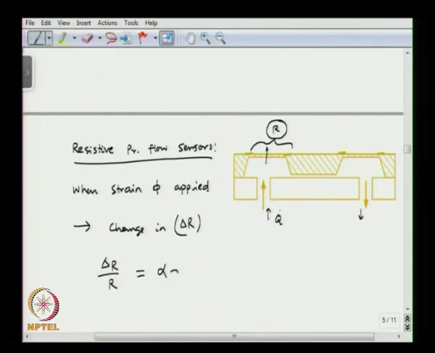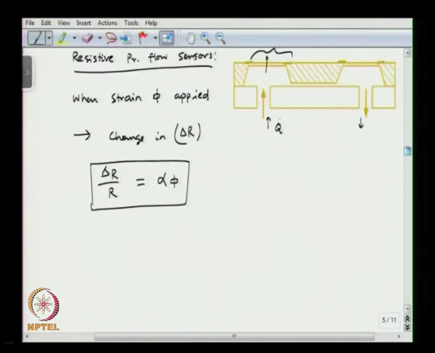So, let us say alpha into phi, and this alpha is the piezoresistive coefficient, or for a strain gauge it is the gauge factor, and phi is the strain.